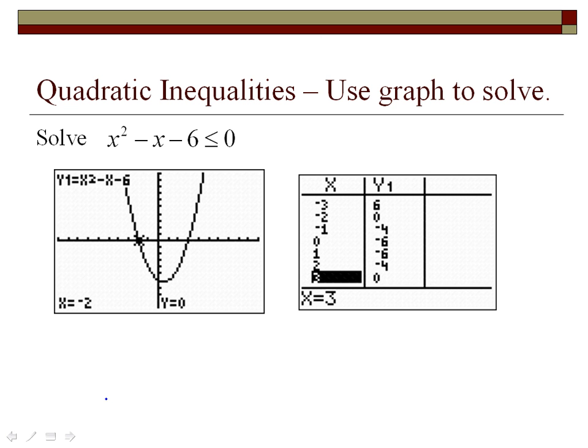Now, we're going to talk about using a graph to solve an inequality, and then I'm going to talk about how to do that. But if I wanted to solve where x squared minus x minus 6 is less than or equal to 0, this is telling me to find what values of x make the expression x squared minus x minus 6 less than or equal to 0.